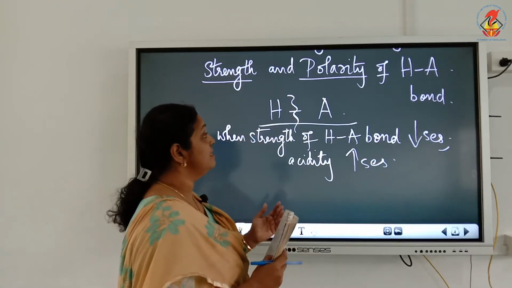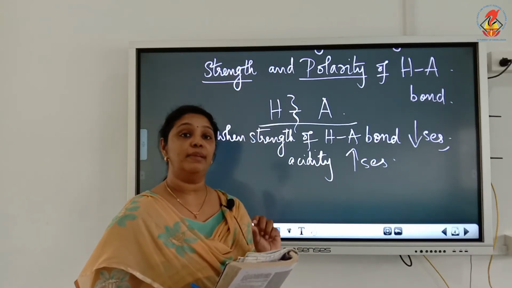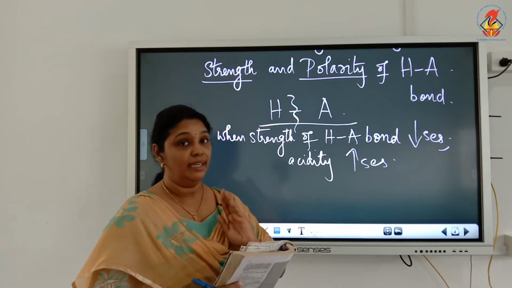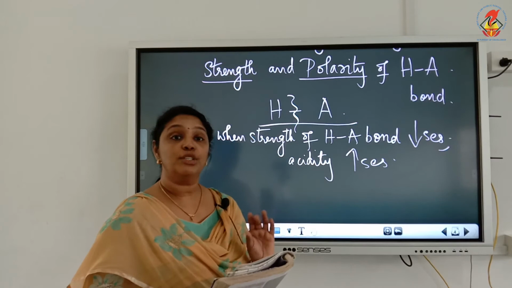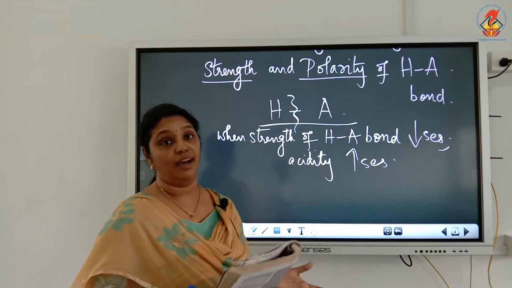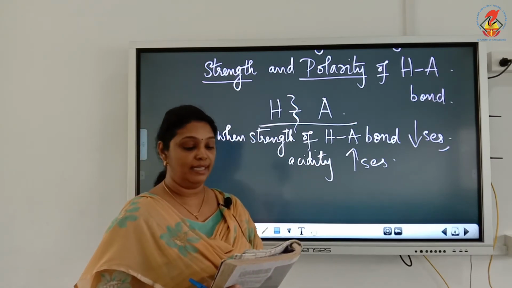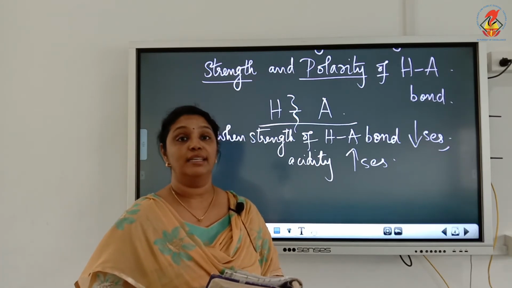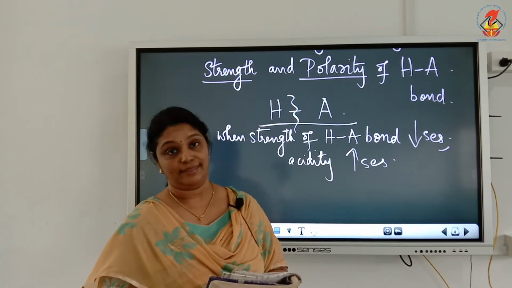Okay, now let's consider the polarity. Polarity means the electronegativity difference between hydrogen and A. When the electronegativity difference is very large, what happens? The cleavage of the bond becomes easy and it becomes a stronger acid.